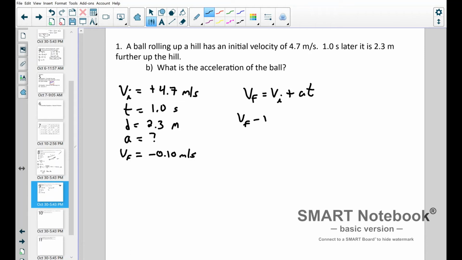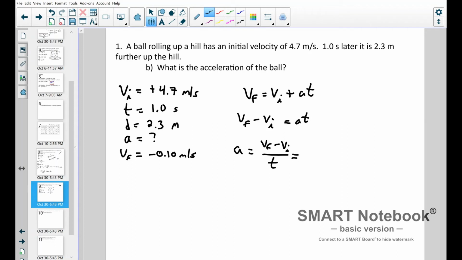Vf minus Vi equals AT. So A equals Vf minus Vi over T.